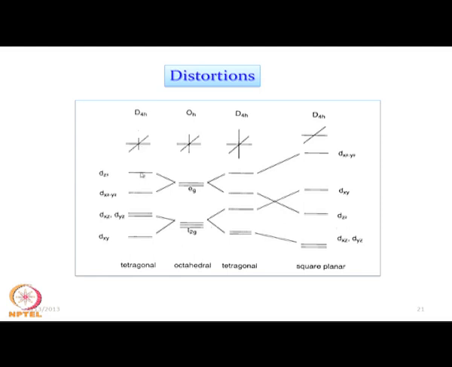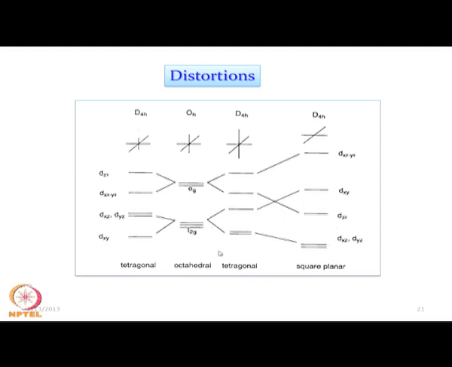That is why the dz square is mostly destabilized in tetragonal compression, whereas the dz square is stabilized in square planar geometry. Similarly, this dx square minus y square is comparatively stabilized compared to dz square, which was mostly destabilized in case of the square planar geometry. So, these are the relative orderings.